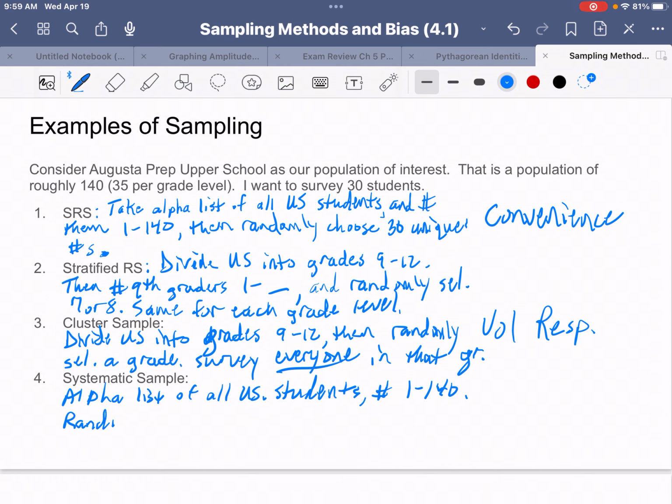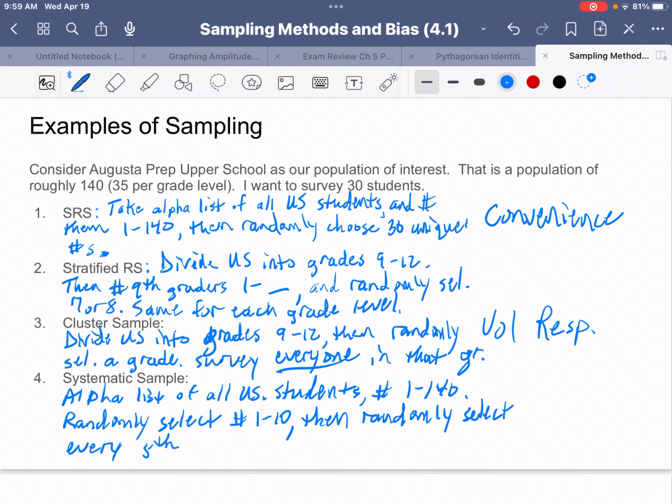Randomly select a number between 1 and 10, then randomly select every 5th person after that person was selected or something like that. Hopefully that kind of sparks your memory there on the difference between the 4 good sampling methods.